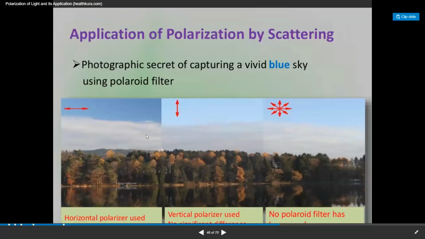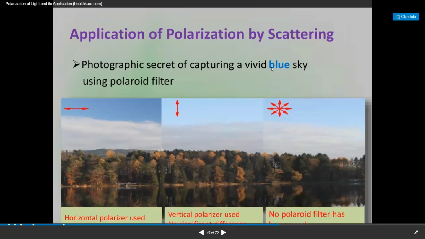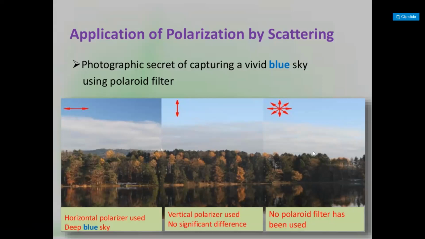And these are also some of the photographs captured. Here one application is to observe the blue color of the sky by using polarized filters. In this picture a horizontal polarized filter is used, in this one a vertical polarized filter is used, and in this picture no polarized filter is used.